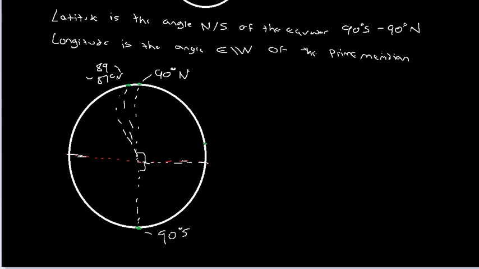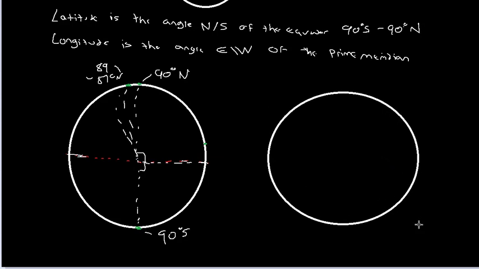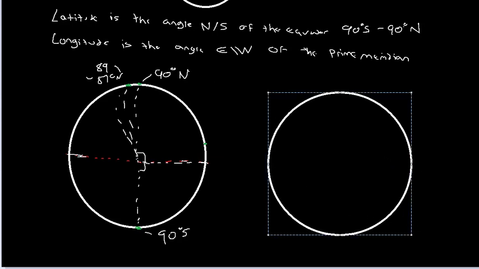Let's talk about longitude. Okay, so we have our circle, and we break it in half with the prime meridian. You might think that it would work the same way, but it actually doesn't.